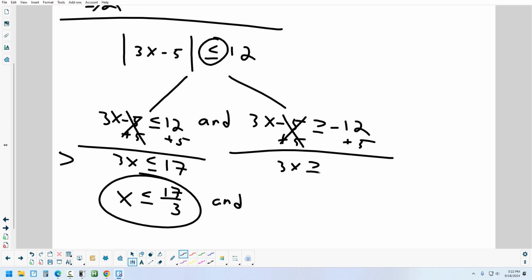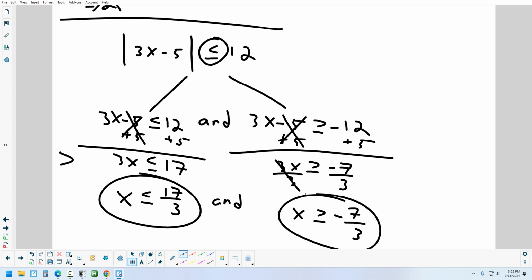Negative 12 plus 5 is going to give me negative 7. Yep, negative 7. And divide each side by 3. And we get x is greater than or equal to negative 7/3. Okay. Any questions on that one?